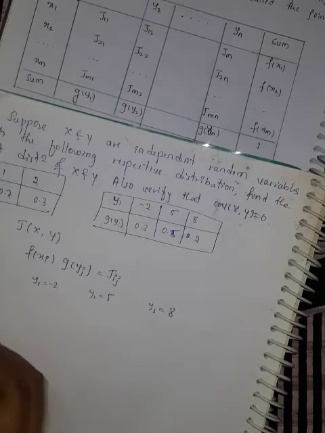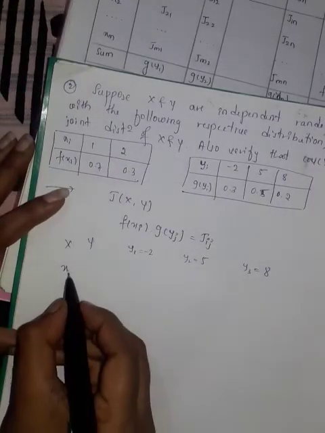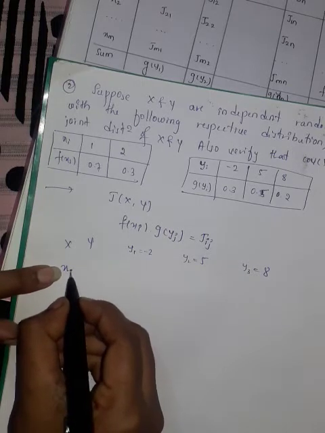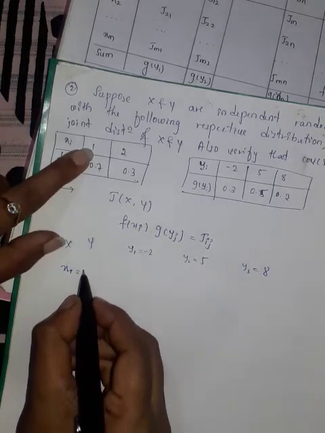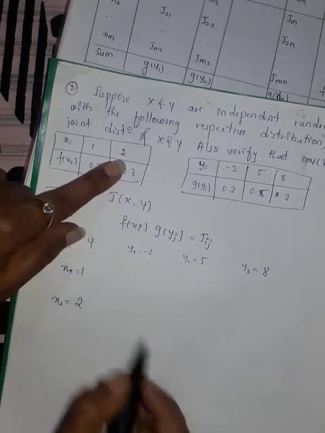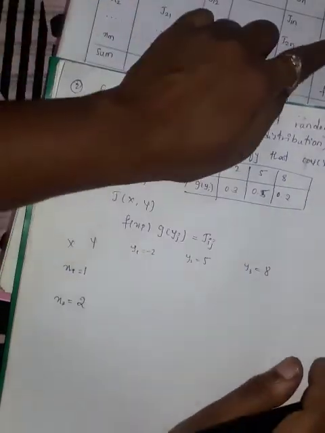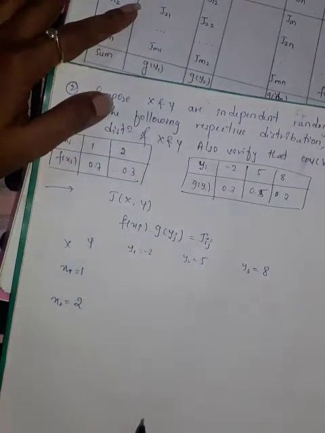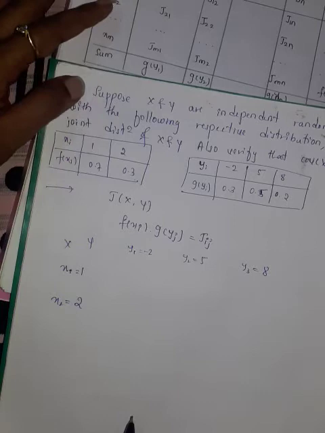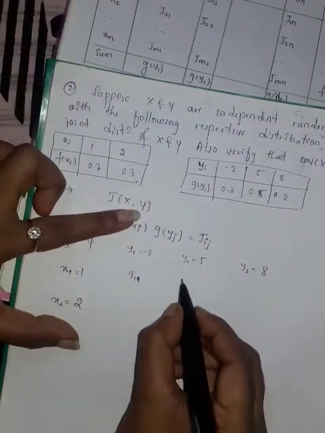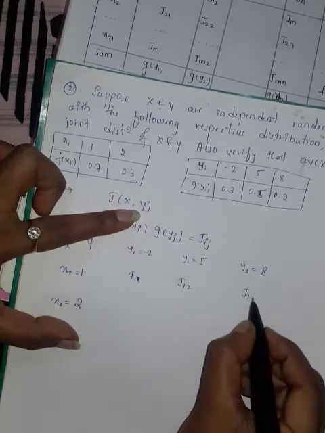And here these are the xi column. So x1 is 1, x2 is 2, and f of x1 is nothing but the sum of j11, j12 up to j1n. So we take j11 as it is, j12, j13.